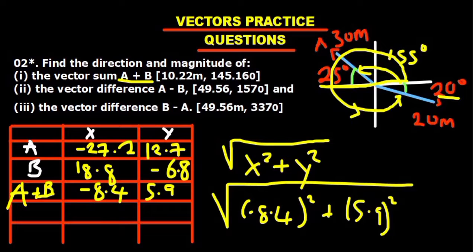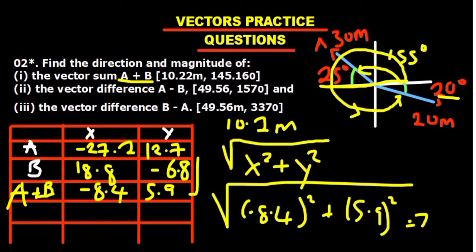The square root of that, I'm getting 10.2. So our vector is 10.2. Of course, the units were in meters. So 10.2 meters.